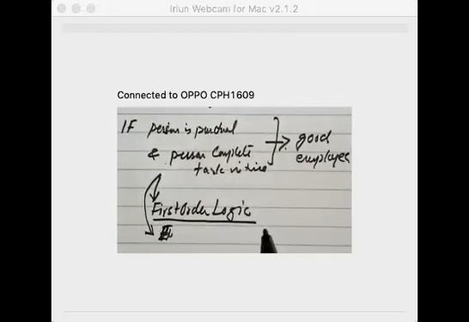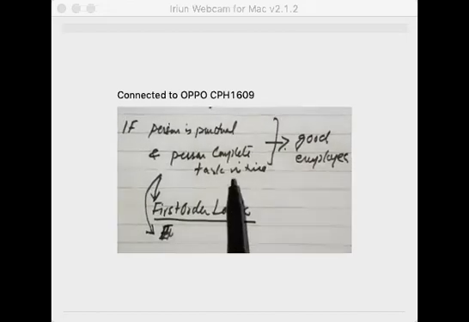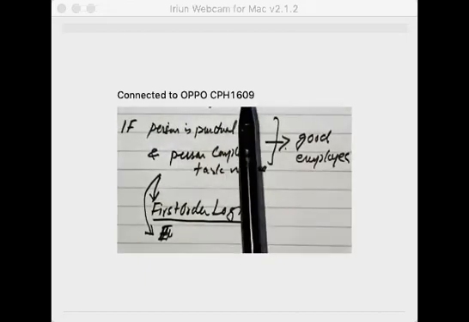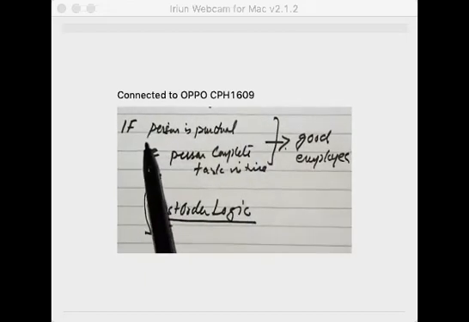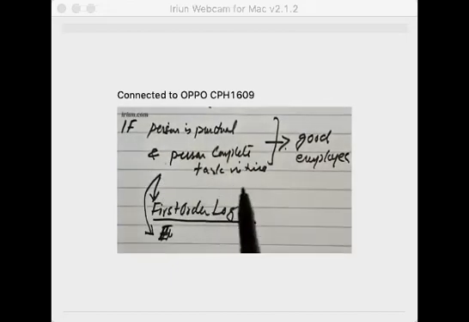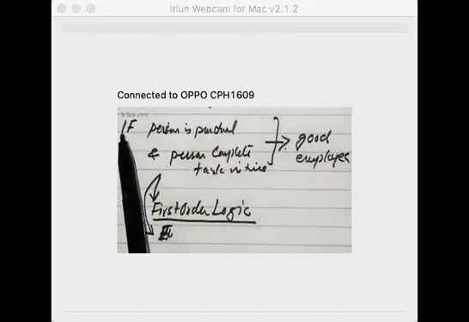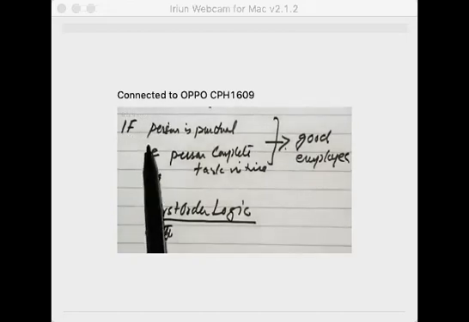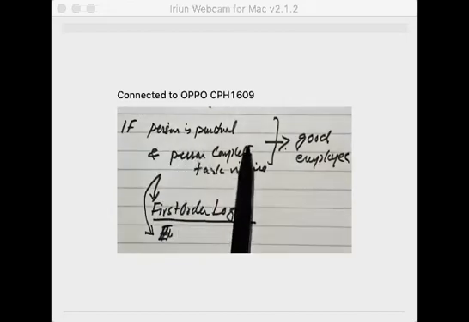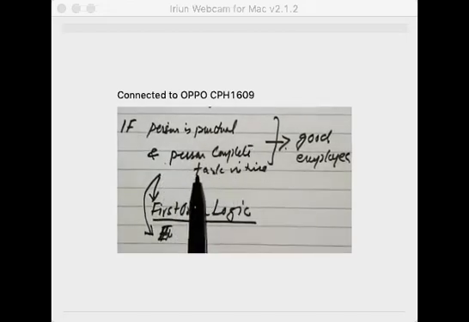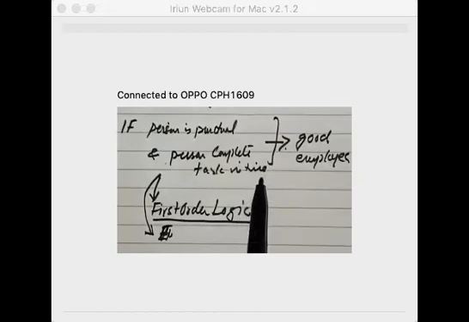As I told you, first order logic भी आप use कर सकते हैं, but I can also have fuzzy representation of this rule provided that the rule is expressed in some fuzzy form, vague form. ठीक है. For example यहाँ पे मैं अगर इस रूल को इस तरह से चेंज कर दूं, अगर मैं ये कहूँ कि if a person is mostly punctual and the person often completes his task in time, then the person is a good employee.